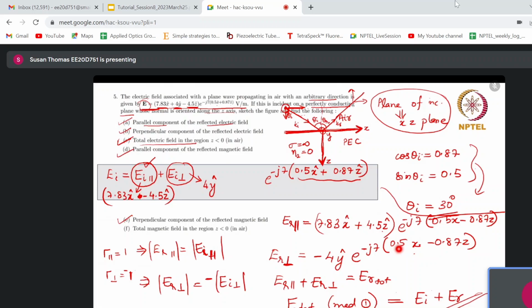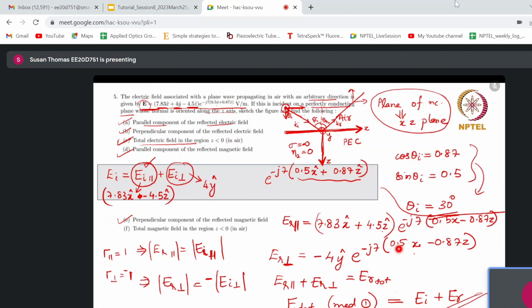If you know the incident electric field, we can find out the incident magnetic field, and from it we can come to the parallel and perpendicular components of the reflected magnetic fields. That's the crux of how we solve this question.